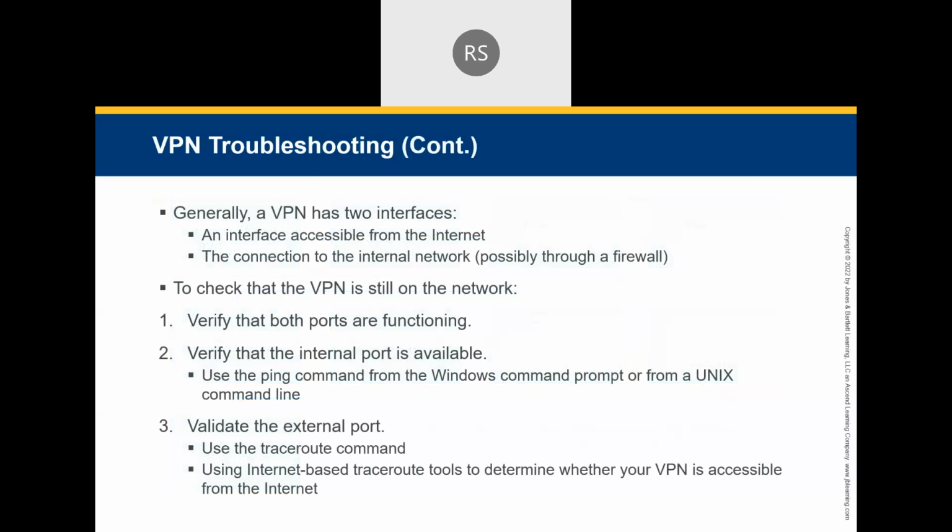Now, generally, a VPN has two interfaces. You have the interface accessible from the internet and the connection to the internal network. That's something maybe going through a firewall. So you want to ensure that both the external port accessible from the internet and the internal port connecting you to the internal network are operational.